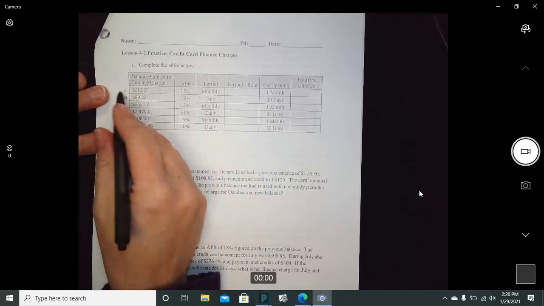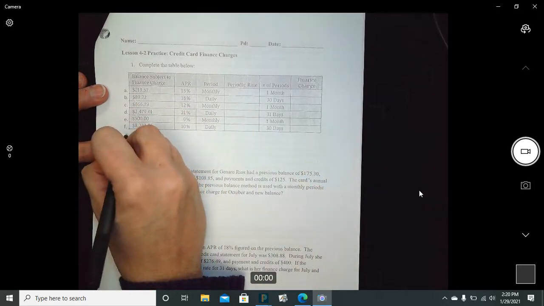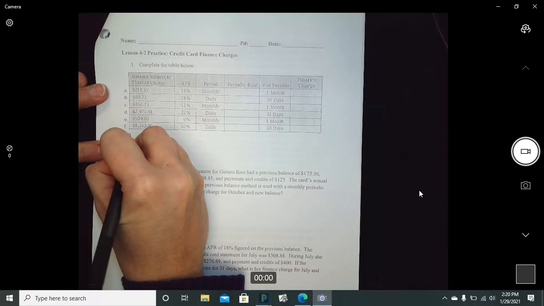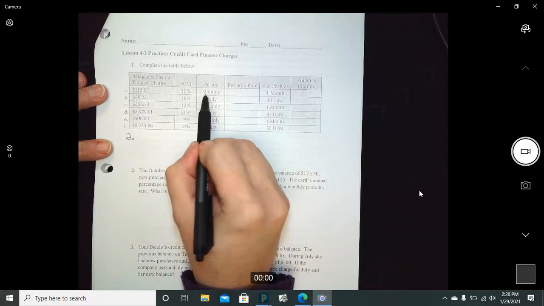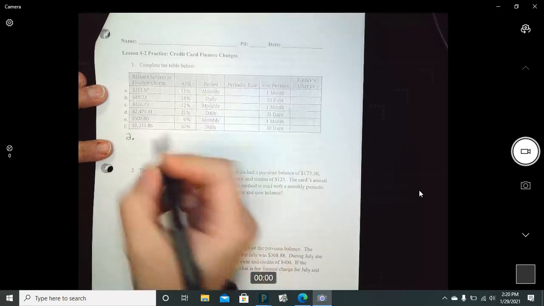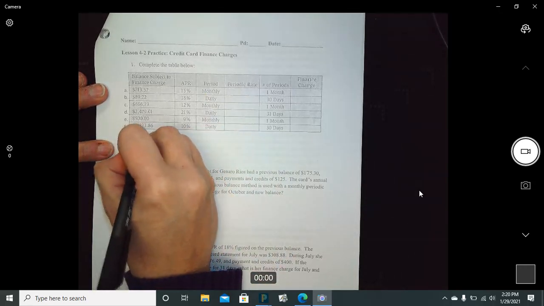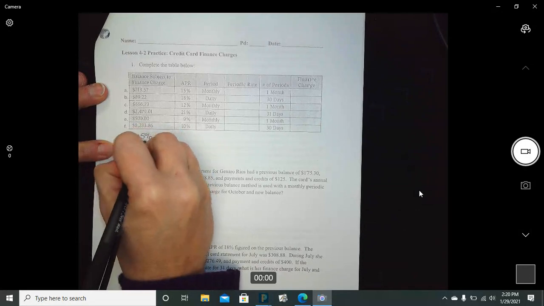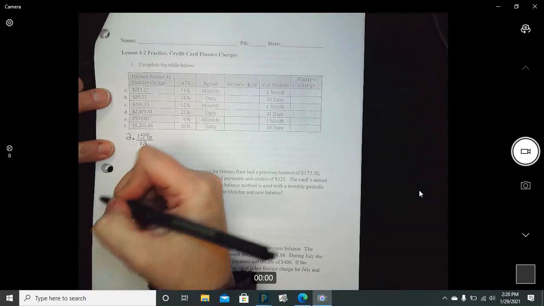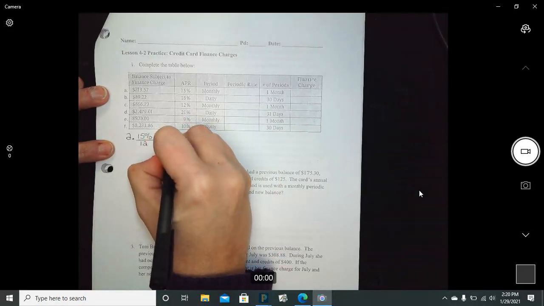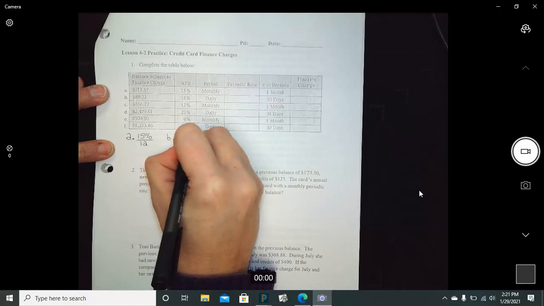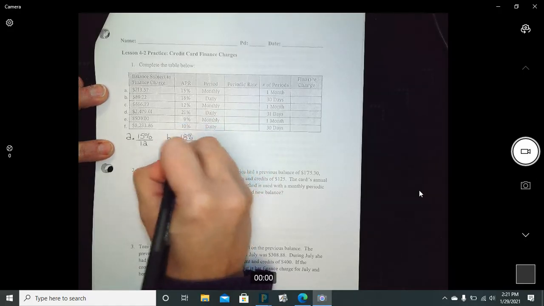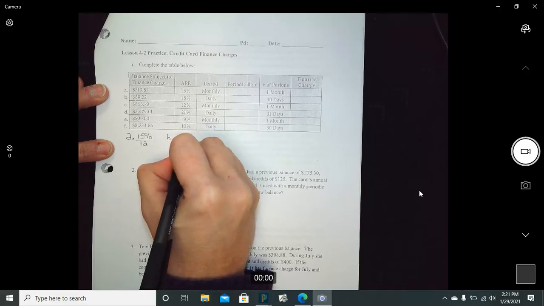Okay, so I'm going to do A. If I'm taking a look at A, I first need to find my periodic rate. Notice I'm looking at monthly. So my APR is 15% divided by 12 months. B, I'm looking at daily, so I'm looking at 18% divided by 365.